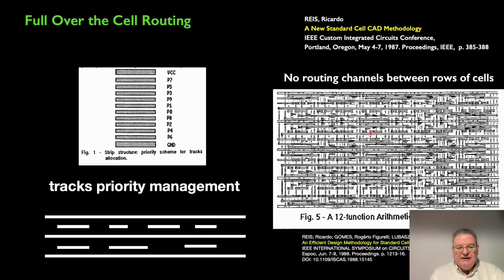You can see here on the right, this was published at ISCA 88, an example of layout synthesis where we have a nice compaction using this routing over the cells.